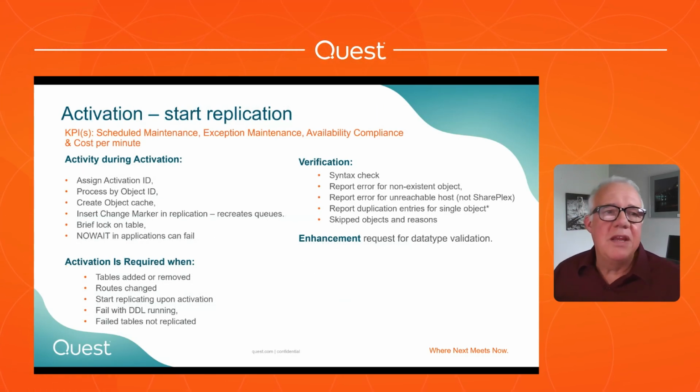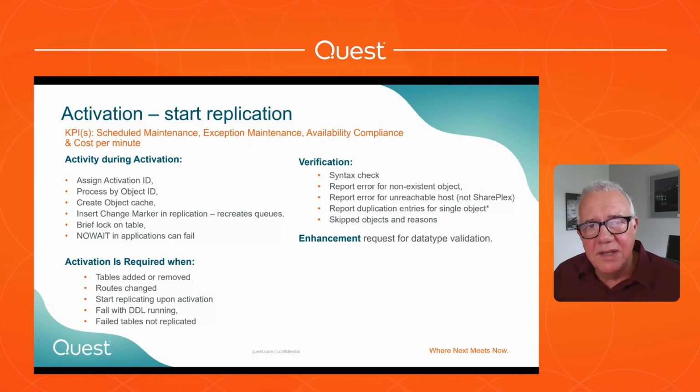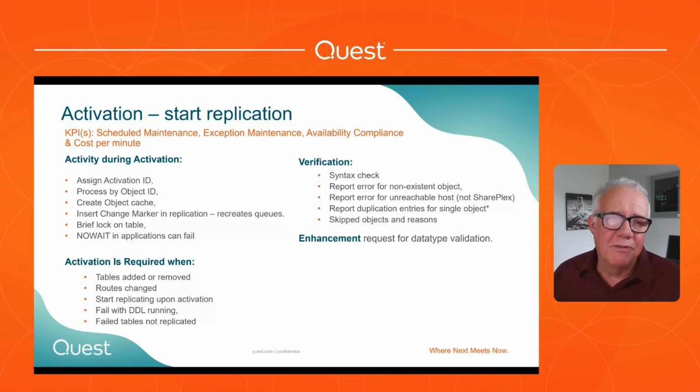Now, when activation starts, there's a number of activities, and most of the time, these activities, I mean, this is for your information. Do you need to know that it assigns an activation ID? Generally, unless there's an issue, no. Know that we do process activation, not by the order they appear in the config file, but rather by the object ID.